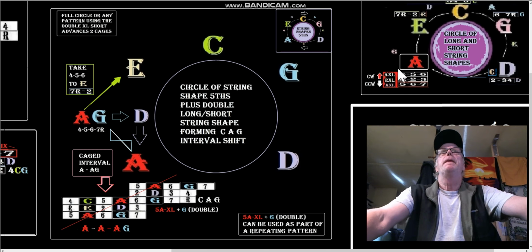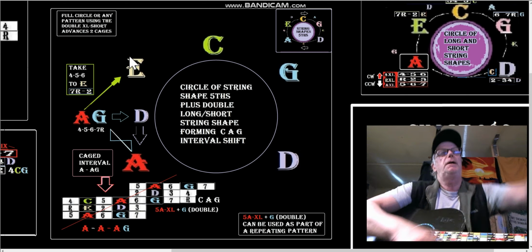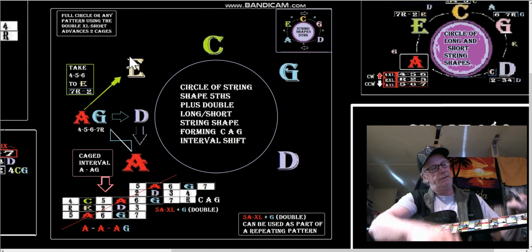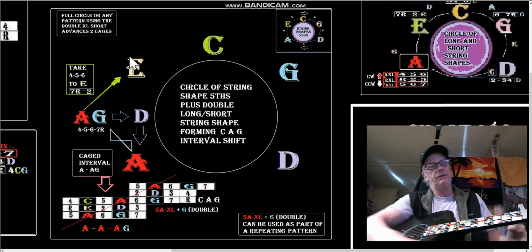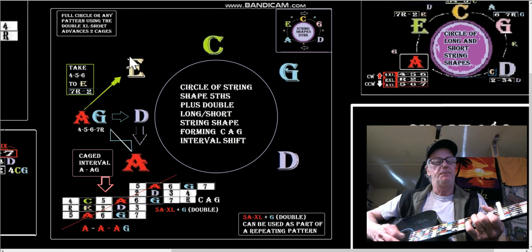Alright. So here we have C to G to D to A to E. And by the way, the C to G to D to A to E comes from the original open C box. C, but now it's going in fifths.